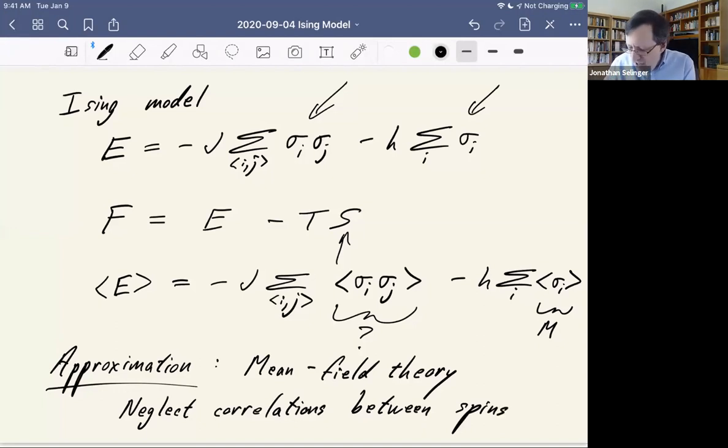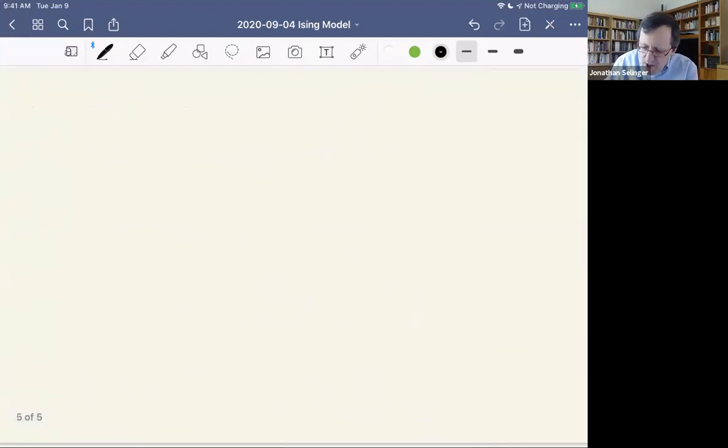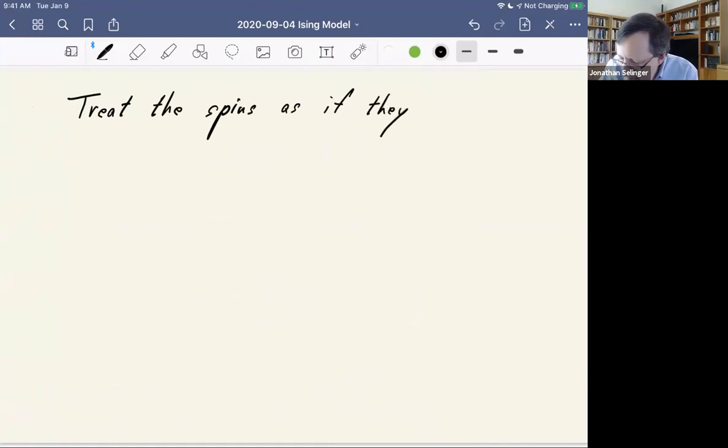We're going to treat each spin as if it were some independently fluctuating object with a statistical average of m, and throw out all the correlations between them. So we'll treat the spins as if they fluctuate independently.